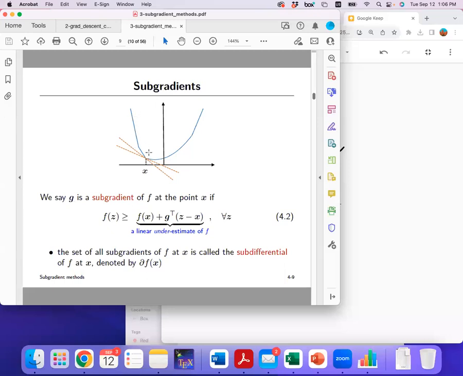On the right-hand side is a linear function in z. So the right-hand side is a hyperplane. It's a hyperplane that goes through this point and supports your function. And the slope of this hyperplane is this g, right? This slope is called the subgradient of f.